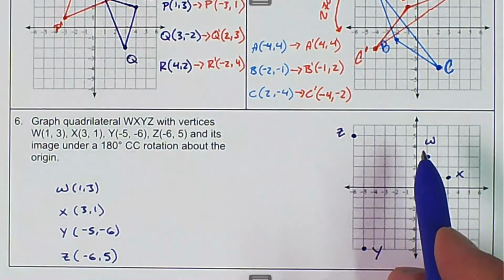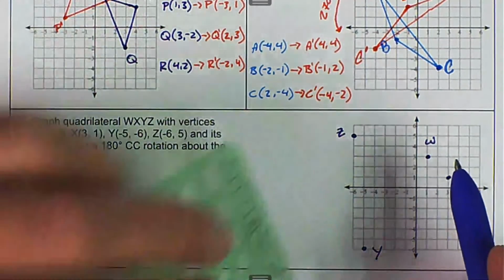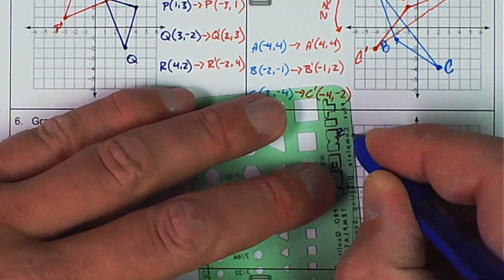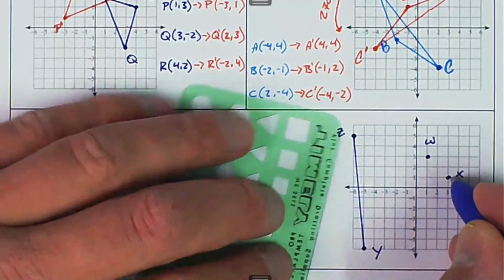So it's going to be easier for me, especially, to just transform the coordinates and then plot the coordinates.